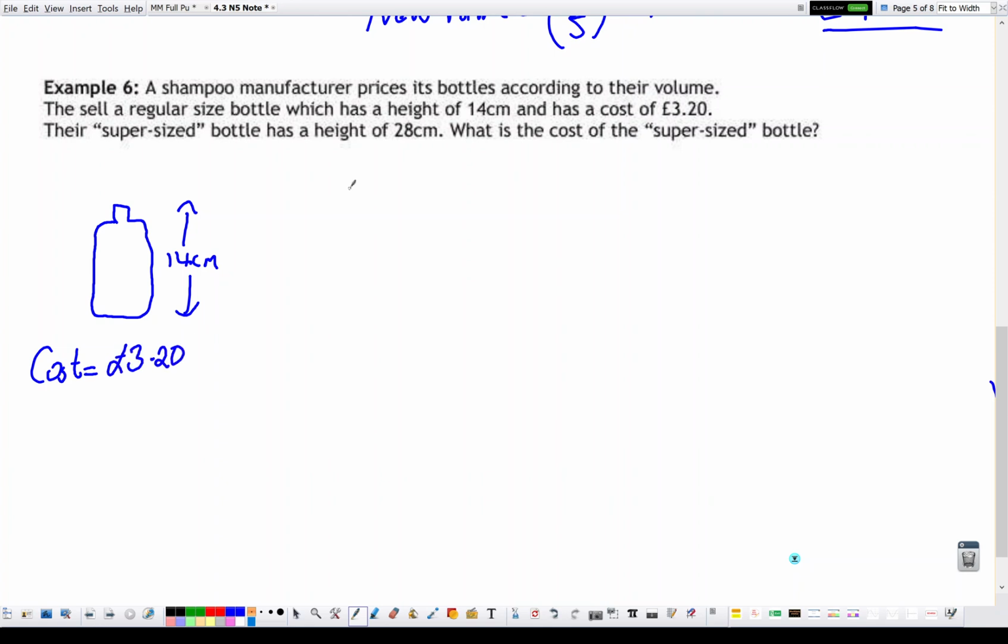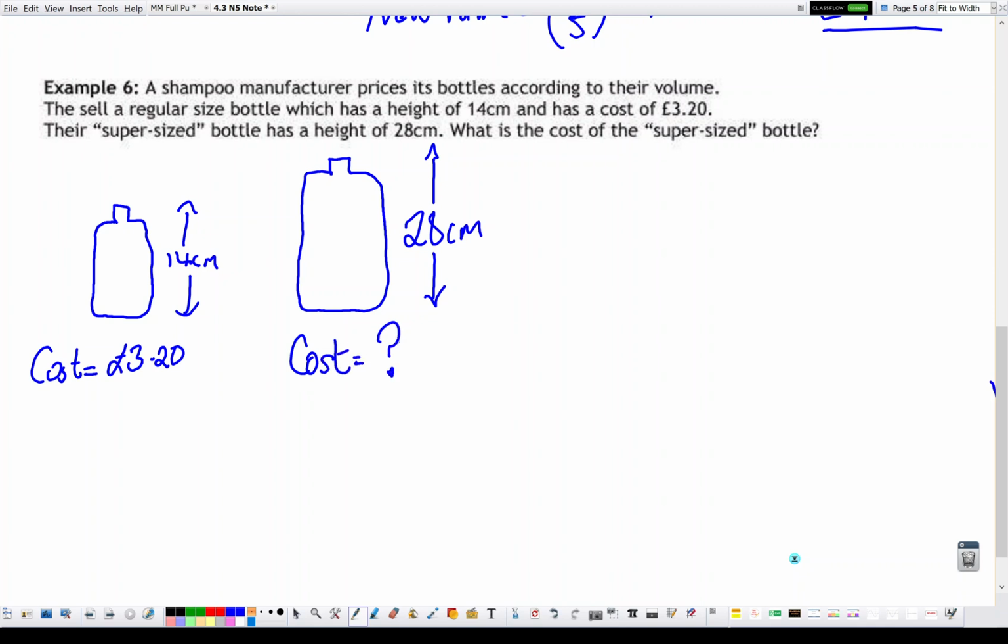And then we've got our super size bottle. You can see I'm very skilled in the art of drawing. 28 centimetres is the height. What is the cost?